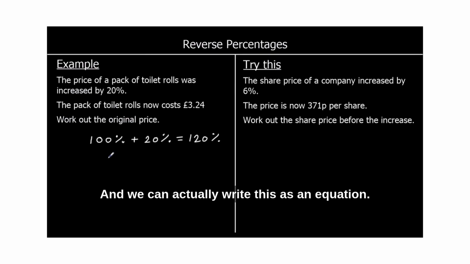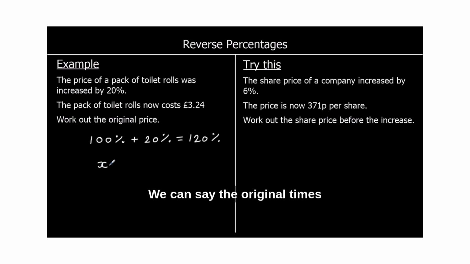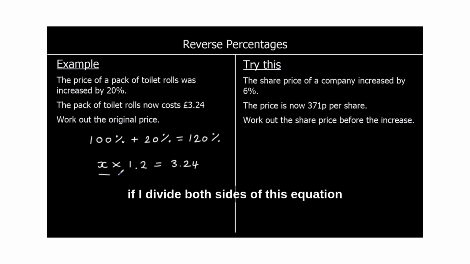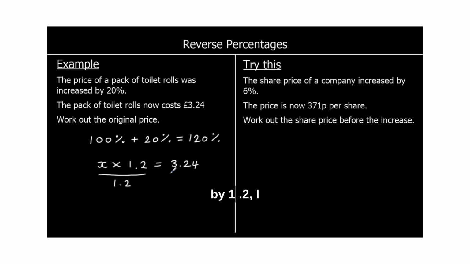And we can actually write this as an equation. We can say the original times 120%, or 120% as a decimal, which is 1.2, is equal to £3.24. So if the original times 1.2 equals £3.24, we can find the original by dividing both sides by 1.2.